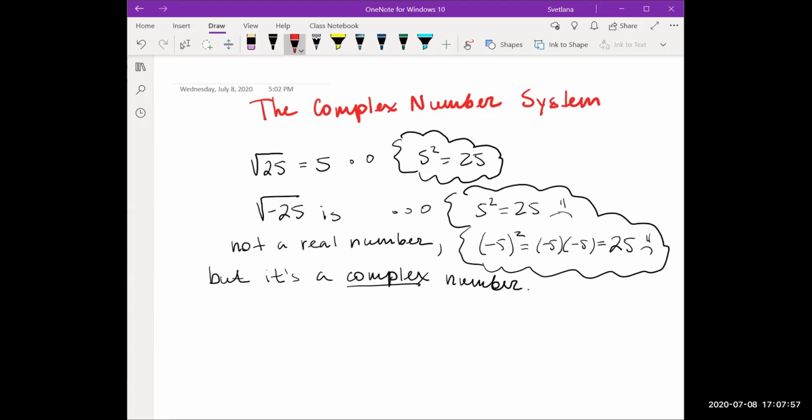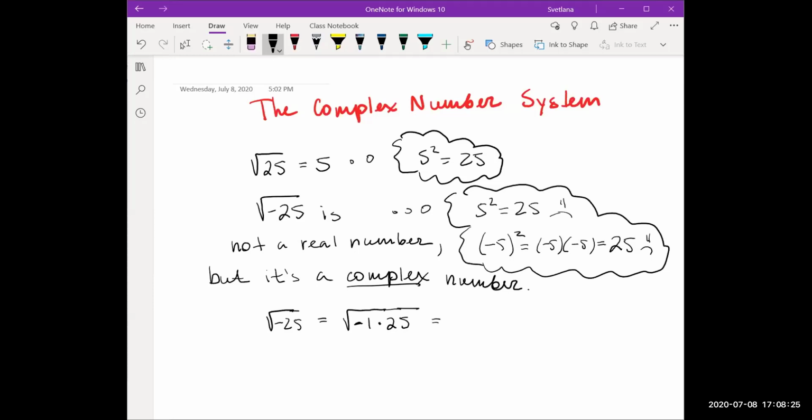Okay, so what does it mean that the square root of negative 25 is a complex number? This is what it means. I can take the square root of negative 25, and inside the radical, I can express negative 25 as the product of negative 1 and 25, right? So negative 25 is the same as negative 1 times 25.